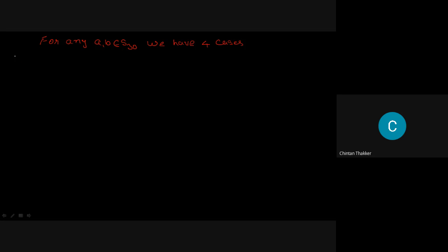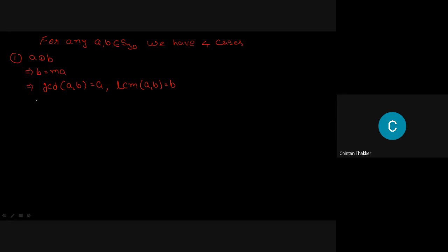The first one is A divides B. If A divides B, that means B can be written as M into A. So that implies we have GCD of A comma B is A, and LCM of A comma B is B.